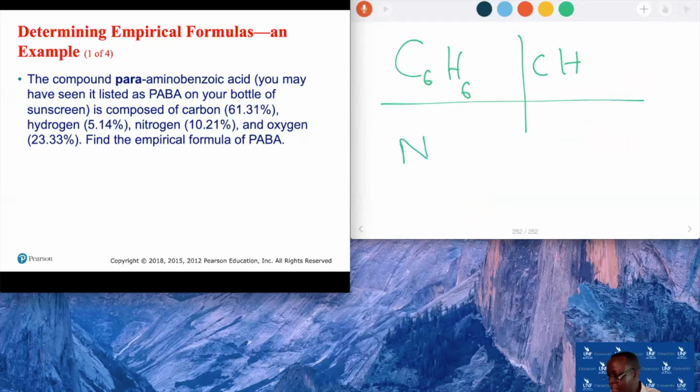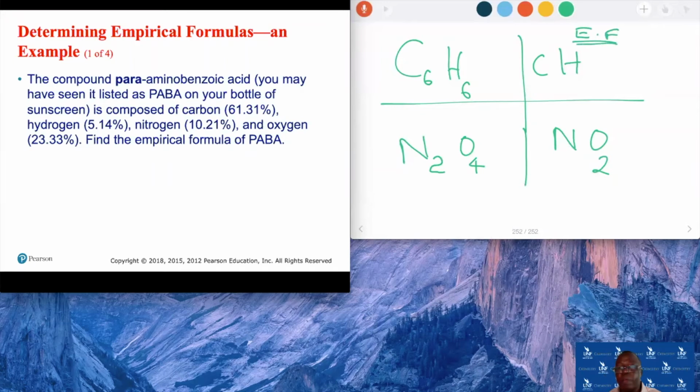This is dinitrogen tetroxide, N2O4. Empirical formula is NO2, nitrogen dioxide. I'm just writing the simplest. What you see here is the empirical formula.